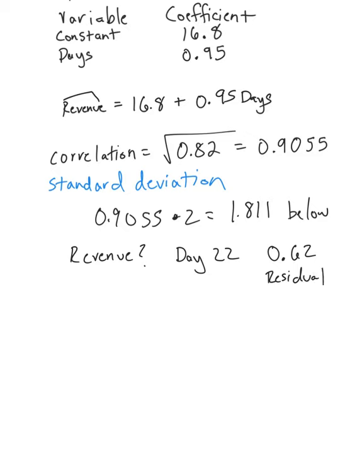Well, to find this, we put it into our equation here, times the day. This gives us 37.7. However, with the residual, we have to remember to always add in our residual at the end.